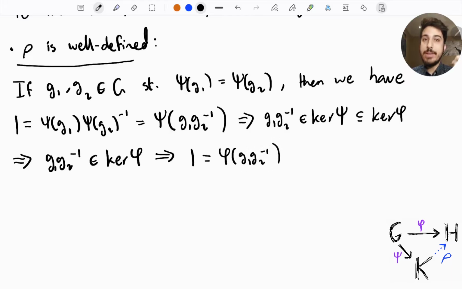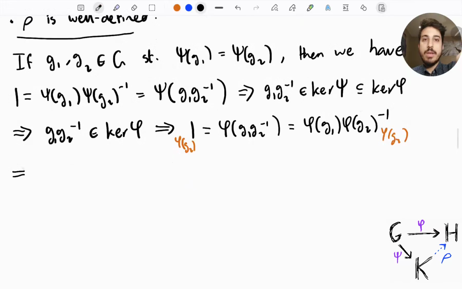And because phi is a homomorphism, we can split it up into phi of G1, phi of G2 inverse. And now I multiply both sides by phi of G2, giving me phi of G1 is equal to phi of G2.